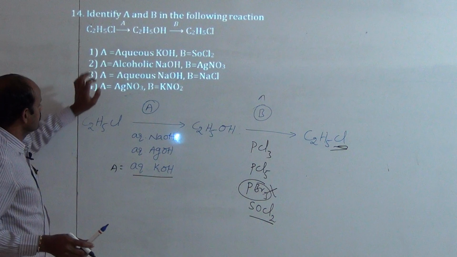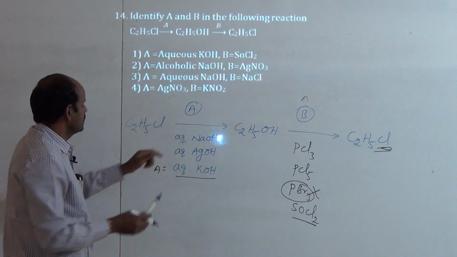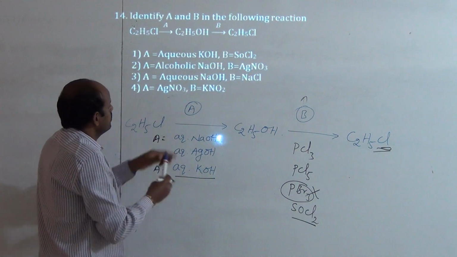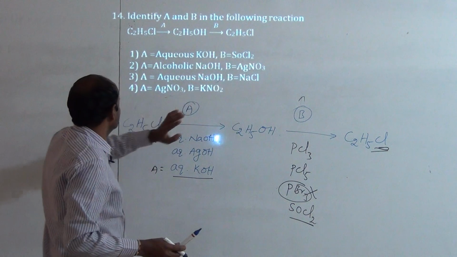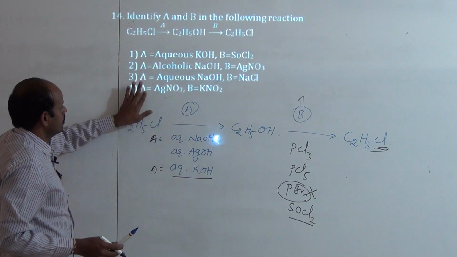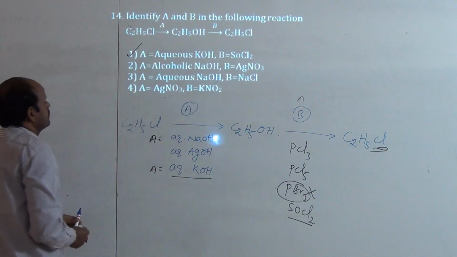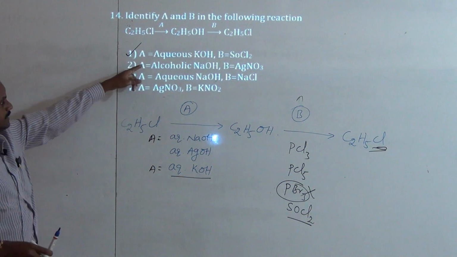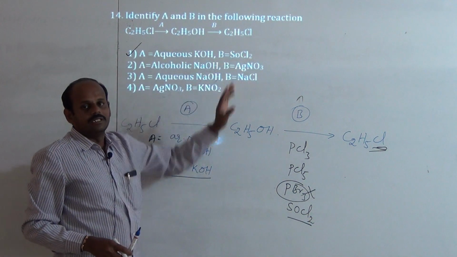Thus it is wrong. Again aqueous NaOH is given. Aqueous NaOH may also be A. But B is given NaCl. Is there NaCl? Not there. Hence this is wrong. And fourth one is AgNO3. Is it correct? No. KNO2. This is wrong. Hence what is the correct option? First option is the correct one. A is aqueous potassium hydroxide. B is thionyl chloride, that is SOCl2.